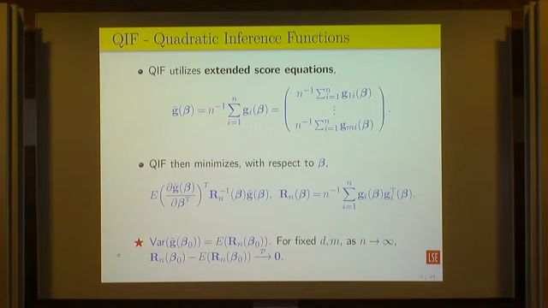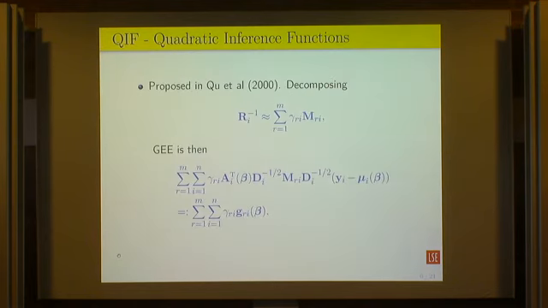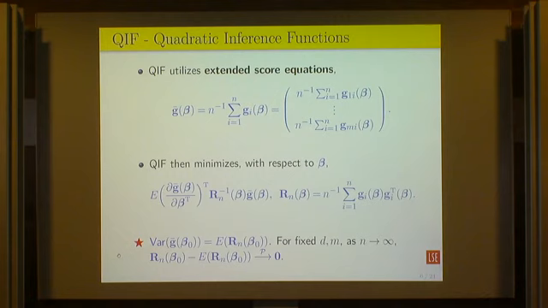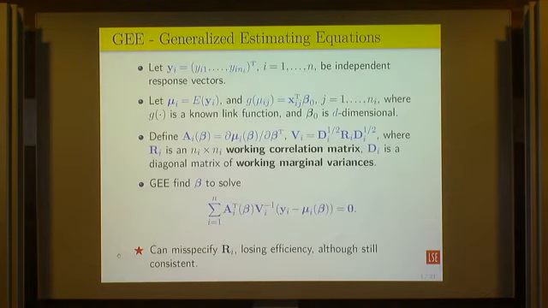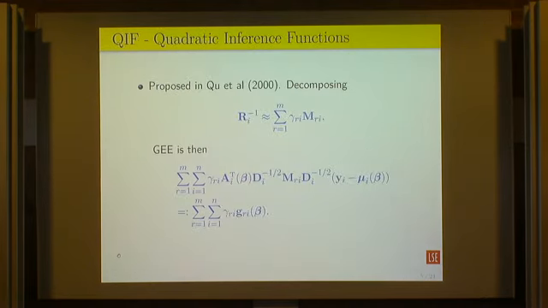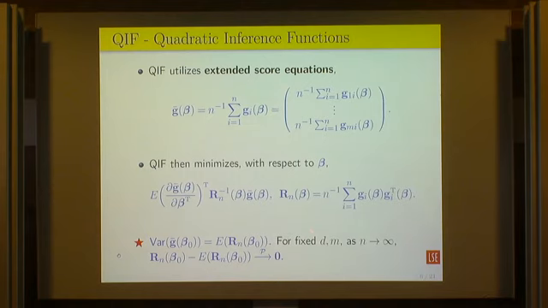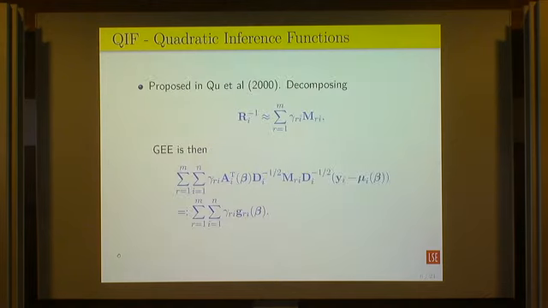In that paper, Qu 2000 in Biometrics, they are treating the dimensions d and m as fixed. What is d here? d is the dimension of the factor beta, and m here is the number of groups assumed.